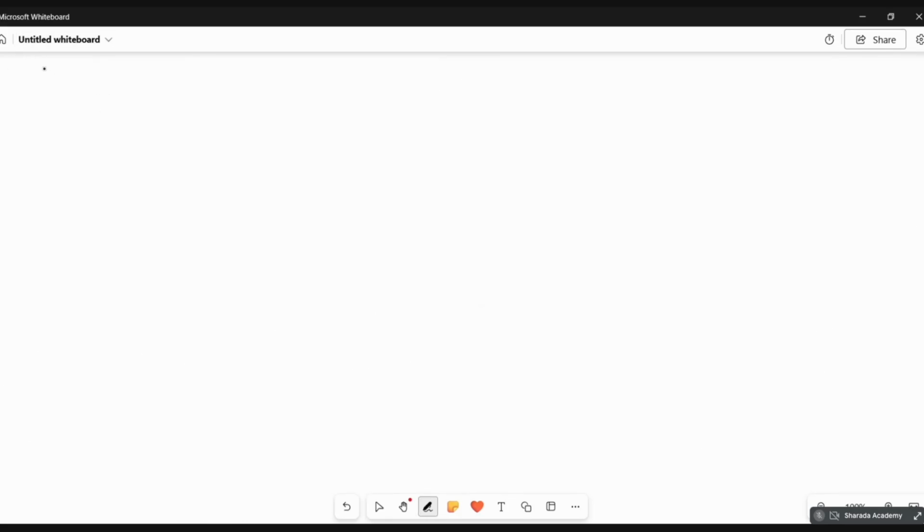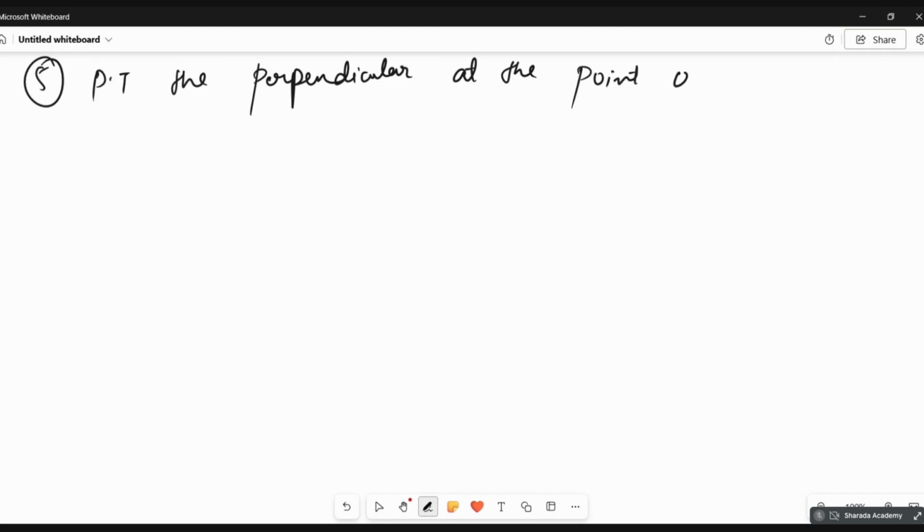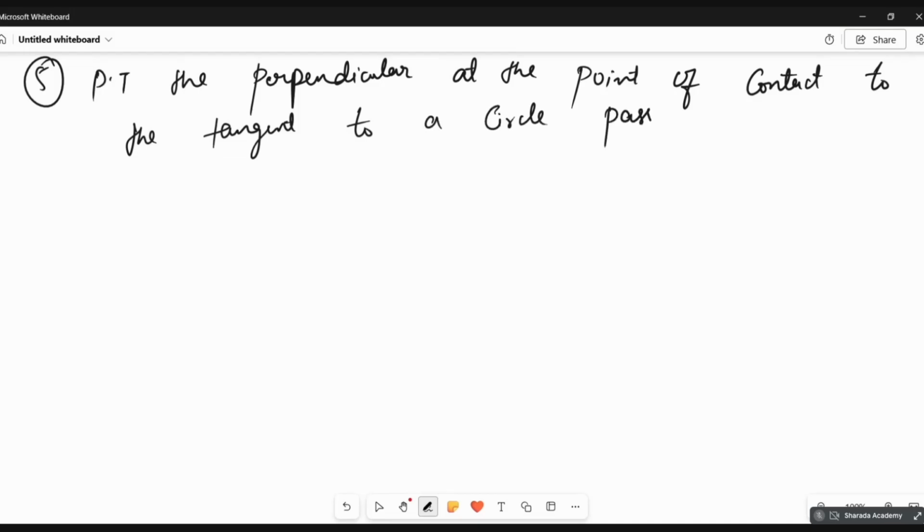Try the fifth one. Prove that the perpendicular at the point of contact to the tangent to a circle passes through the center.